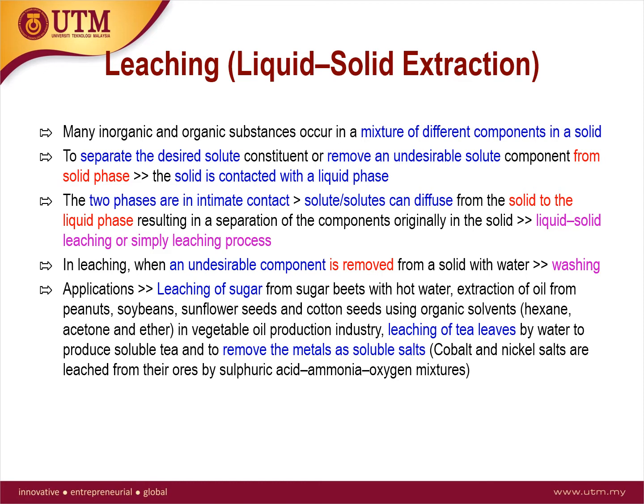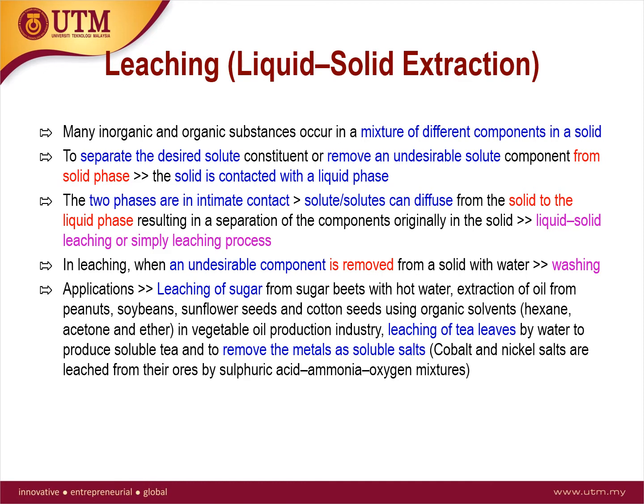The second example is the extraction of oil from peanuts, soybeans, sunflower seeds, and cotton seeds by using organic solvents such as hexane, acetone, and ether. This example is normally applied in the vegetable oil production industry. The oil will slowly diffuse into the solvent.